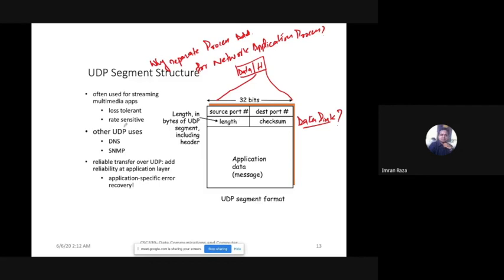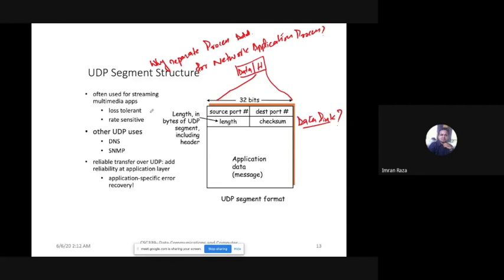And these applications are rate sensitive because time is important here. The rate at which we are sending the data is important. So that's why many real-time applications, multimedia streaming applications, prefer using UDP, user datagram protocol. But on the other side, about 75% of the real-time applications are using TCP also because of the reliability it is providing.